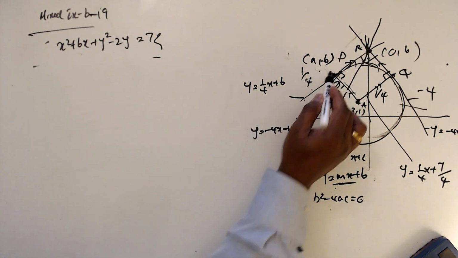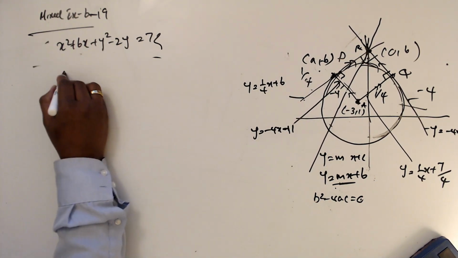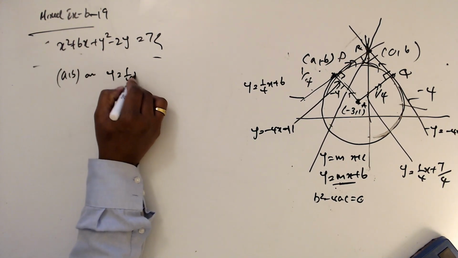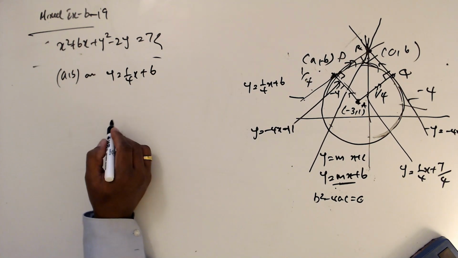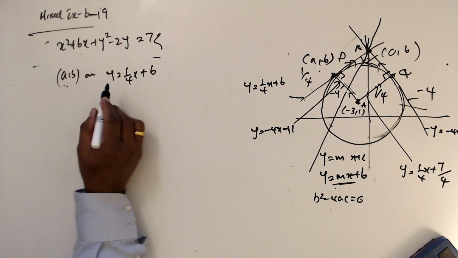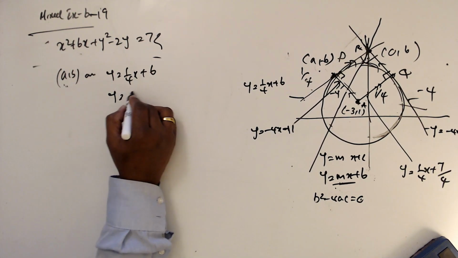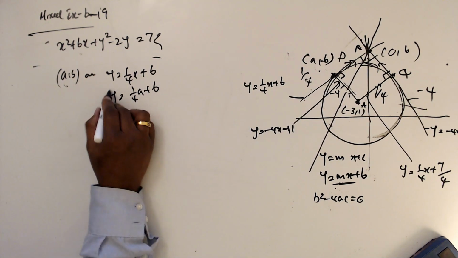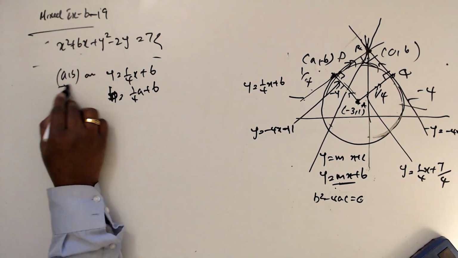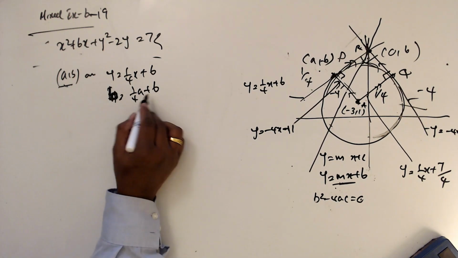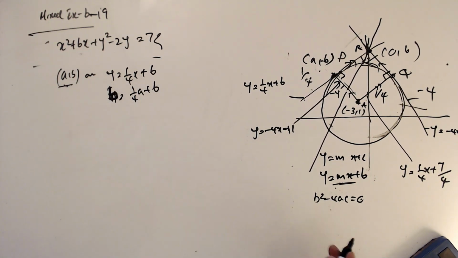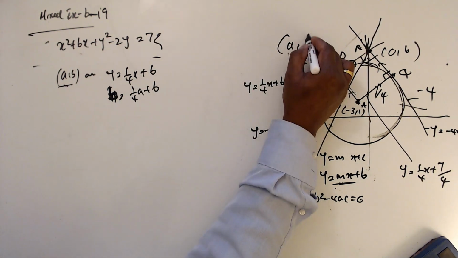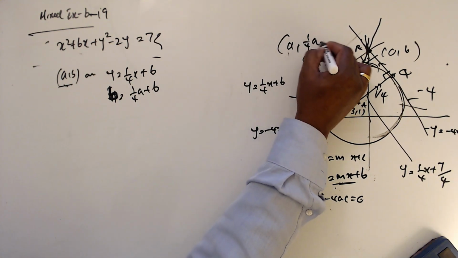So you can say this point is on y equals 1 over 4 x plus 6. It means the y value is going to be 1 over 4 a plus 6. I will substitute into this one: b equals 1 over 4 a plus 6.